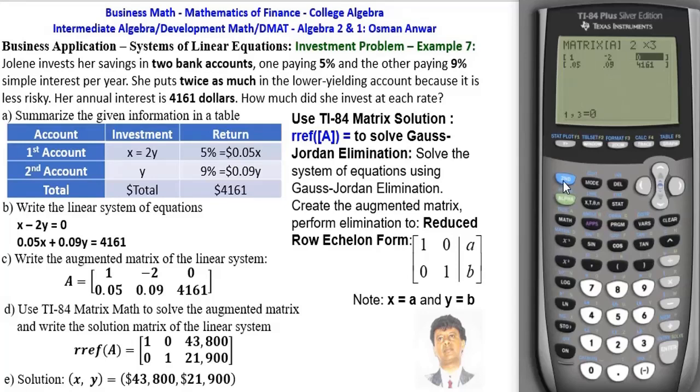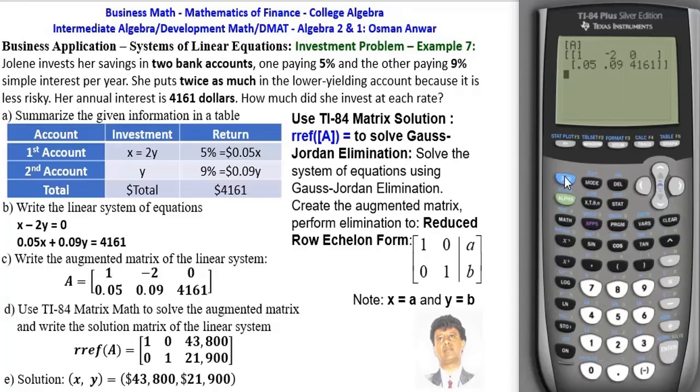So do second quit, second matrix, hit enter, make sure the values are correct. The x are 1 and 0.05, the y are minus 2 and 0.09, augmented with 0 and 4,161.